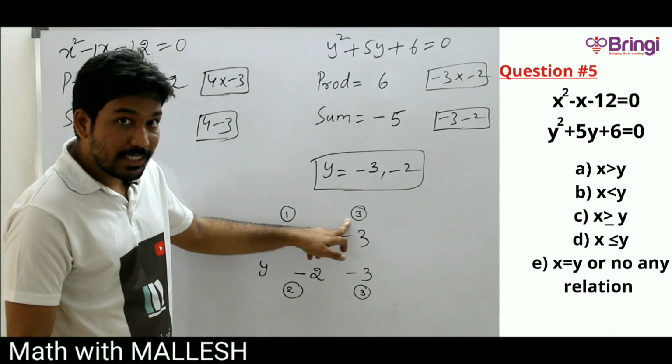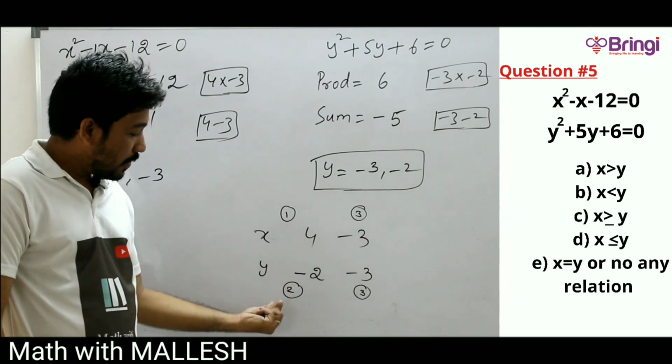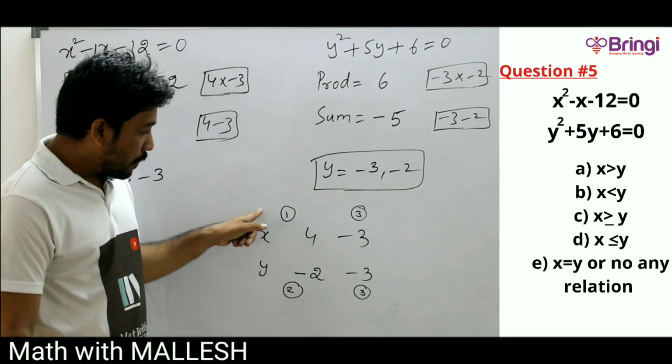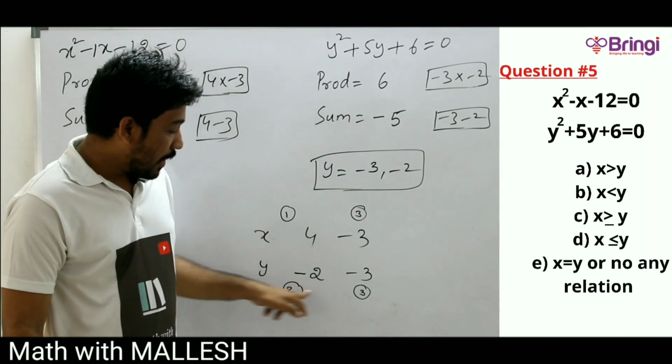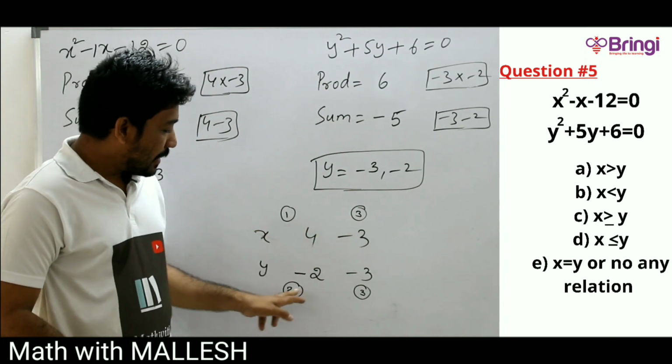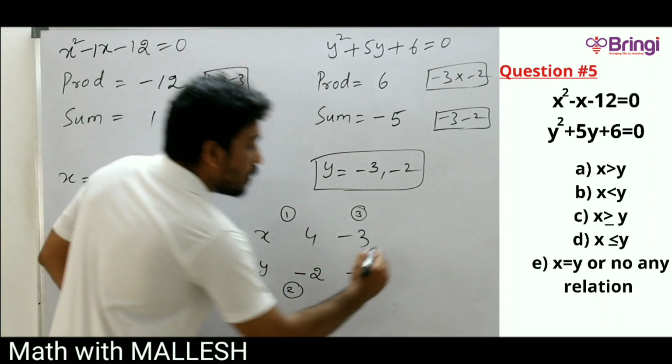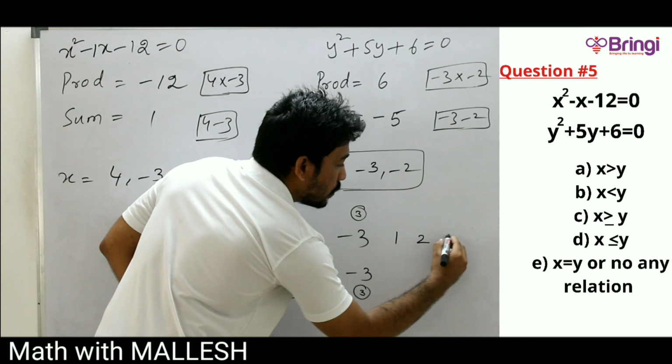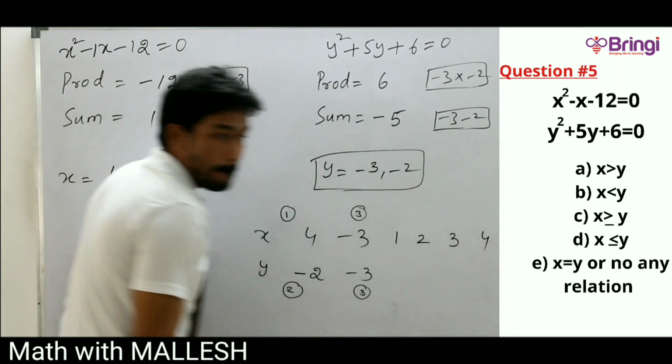If you take X in third position, Y occupied second position. If you take X in first position, Y occupied second position. There is no conclusion. 1, 3, 2, 3. So 1, 2, 3, 4.